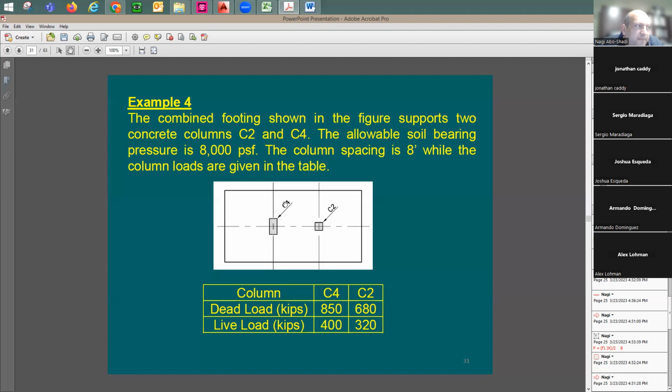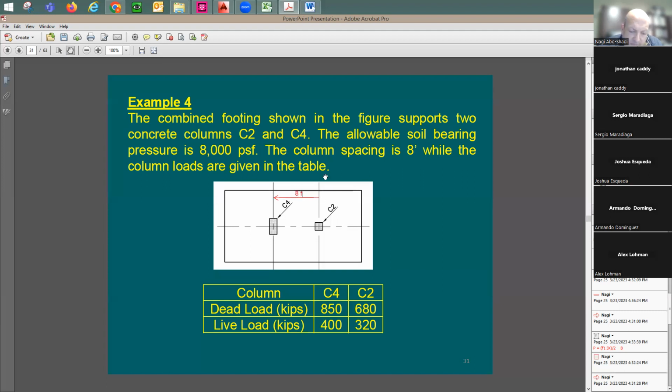As you see here, C1 supports 850 dead load, 400 live load, total of 1250 as service load. C2, you just add these two numbers, it's going to be 1,000 kips. The allowable soil bearing pressure is 8 KSF. The column spacing is 8 feet. This means from here to there, this is going to be 8 feet, center to center.